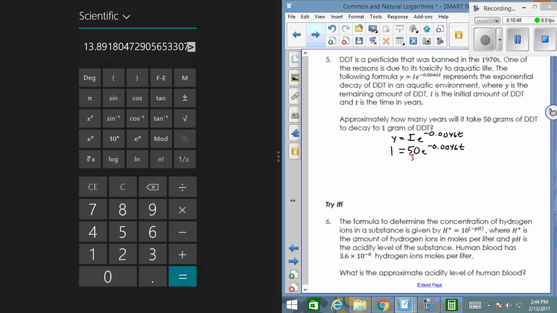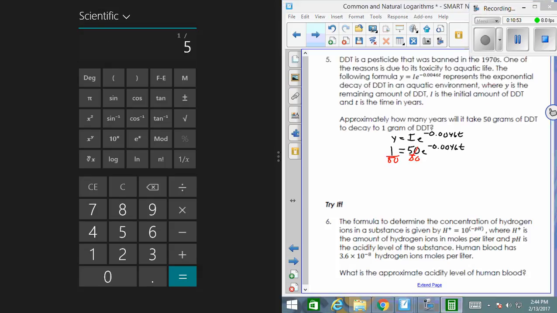Okay, and the first thing I do, divide by 50, divide by 50. 1 divided by 50 is 0.02, so 0.02 is equal to e to the negative 0.0046t. Since we have a base of e here, let's take the natural log when we're converting it. So remember, we do log base e of 0.02 is equal to negative 0.0046t.